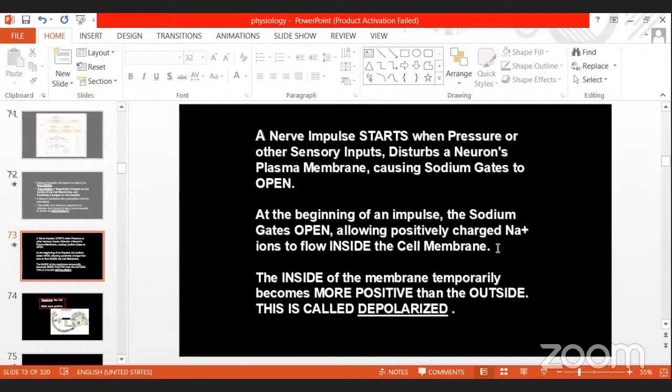When the sodium gates are open, positively charged sodium ions flow inside the cell, and the inside of the membrane is temporarily more positive than outside.